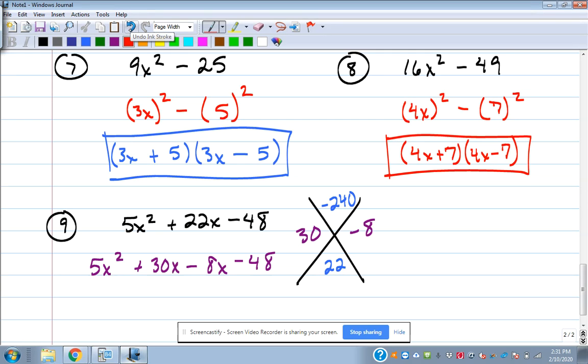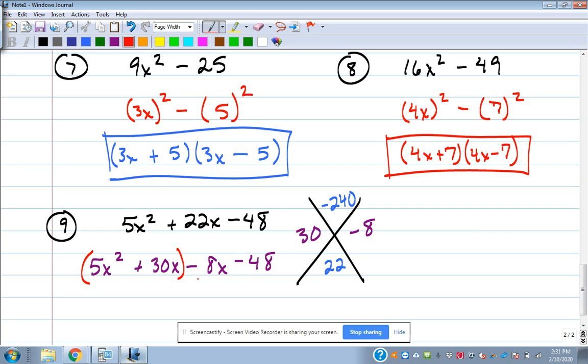All I'm doing is replacing that middle term with the 2 pieces I found for my x. Doesn't matter what order you put them in there. I put 30 first. You could have put the negative 8x first. It doesn't matter. It just changes the look of it. I put the 30 first because it was positive, and the 8 last because it was negative, because I was putting those negatives together.